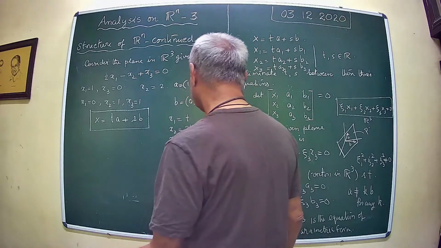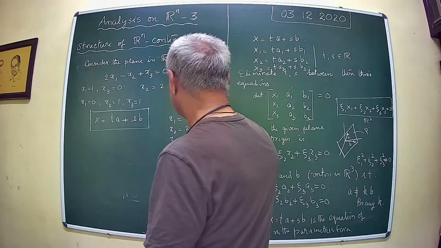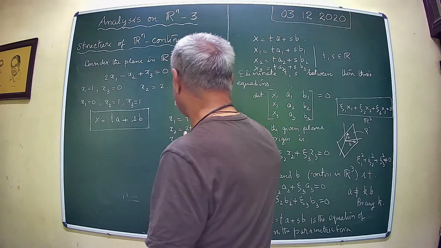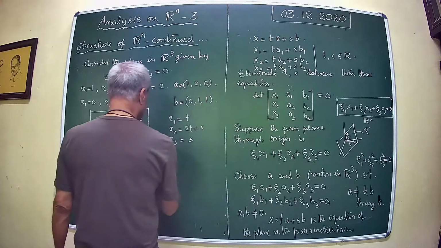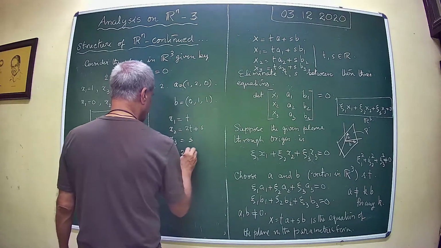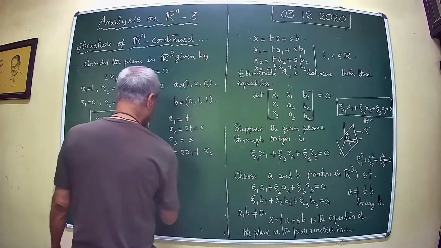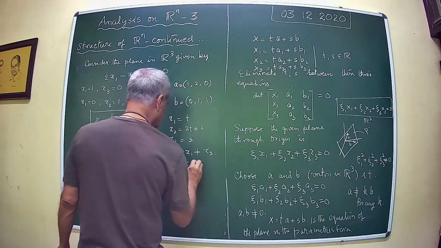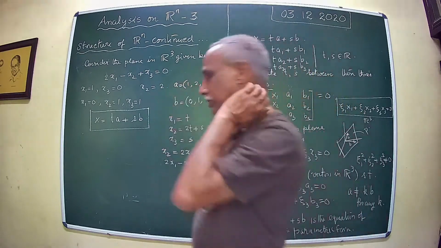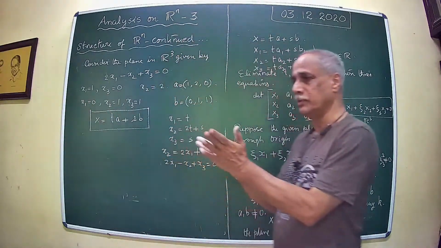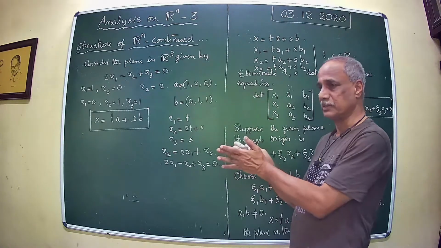I can replace s by x3, and t by x1. Therefore, I get x2 equal to 2x1 plus x3, or 2x1 minus x2 plus x3 equal to 0. So you know that this is a plane passing through the origin. Now I have picked up two vectors which are linearly independent and lie in that plane, and in terms of that, this representation can be given.